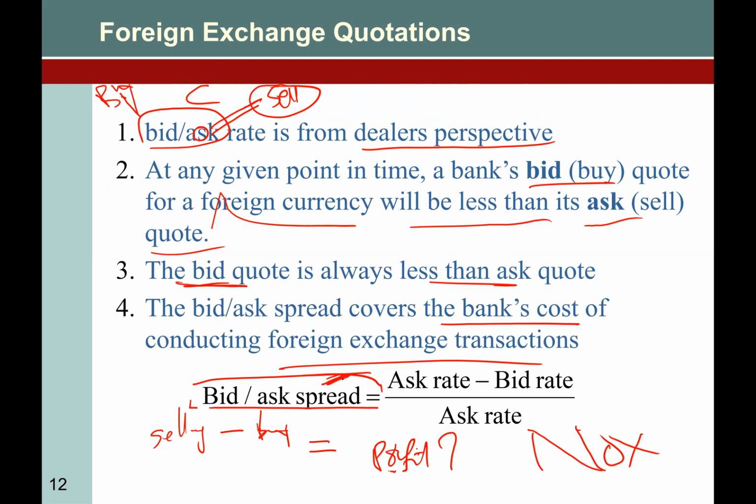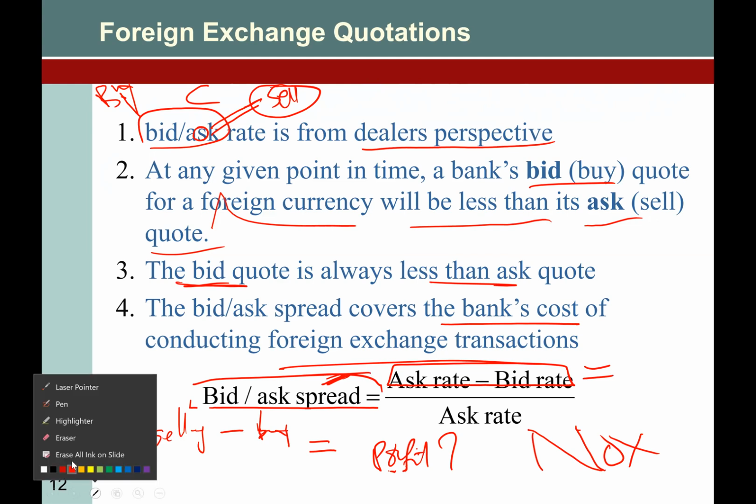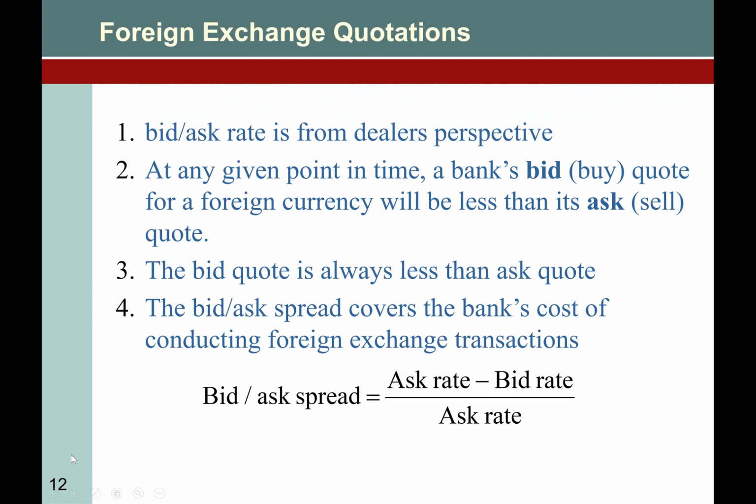What is spread? Ask minus bid. This is the spread. And if we want to find the ratio, the bid-ask ratio, it is ask minus bid divided by the ask rate. That is the formula. So spread is equal to ask minus bid, my bad.